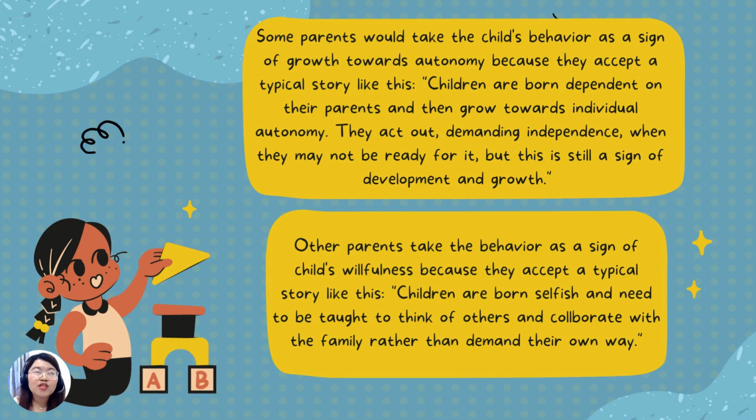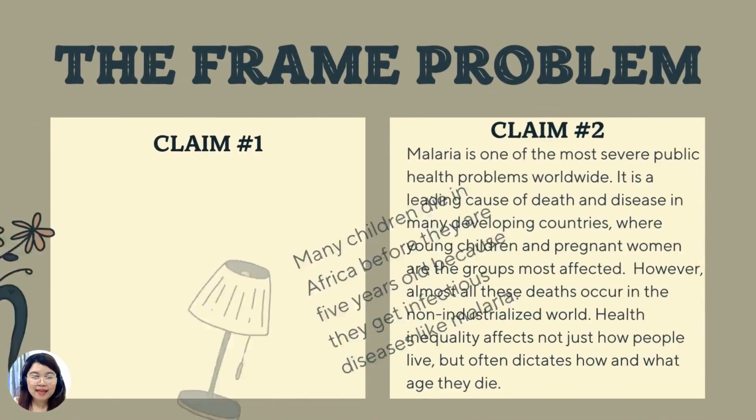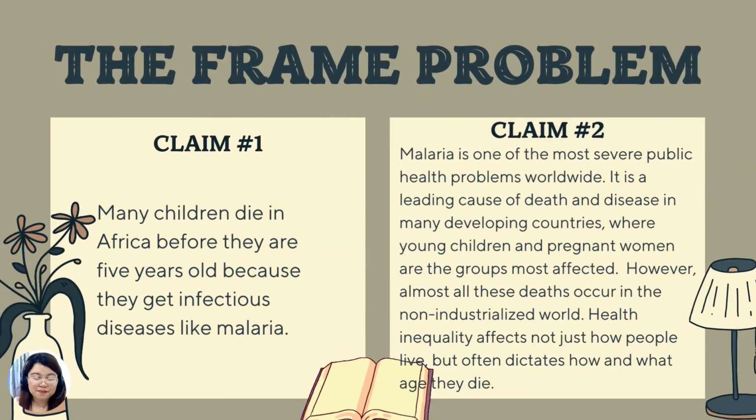It's what he or she believes to be the typical story in his or her head about viewing home, right? So it is his own way of viewing his or her house or home. So there is nothing wrong about it. So next slide is the frame problem.